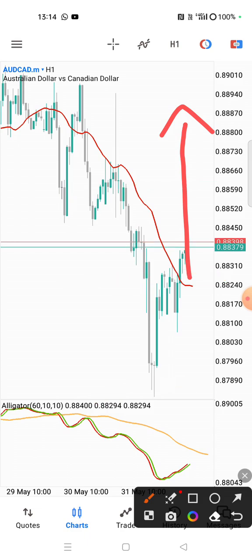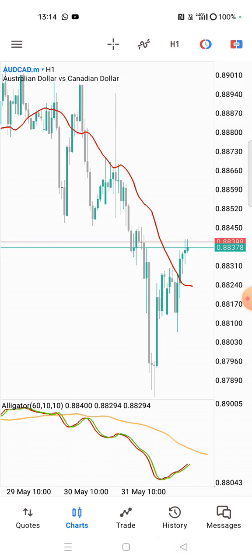So your entry was here, your stop loss was here, right? Move your stop loss to break even, so at least you don't lose money. Okay, so out of the 100 times I back tested, 76 I won with flying colors.